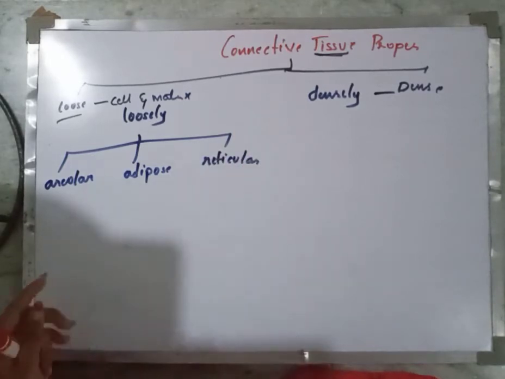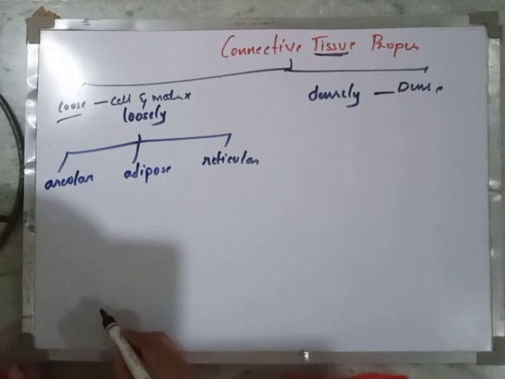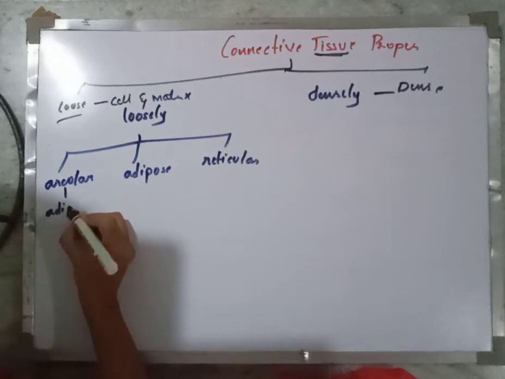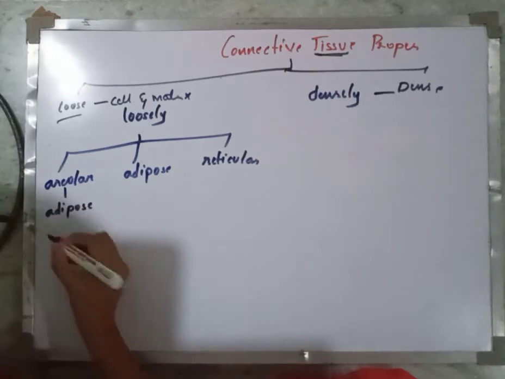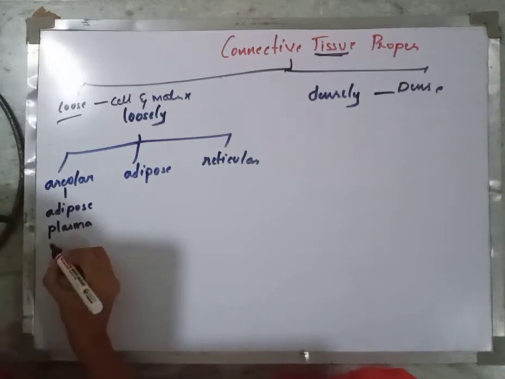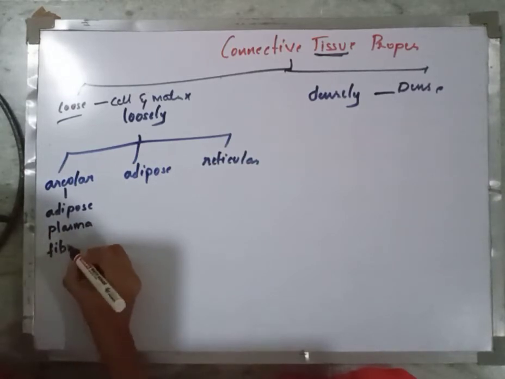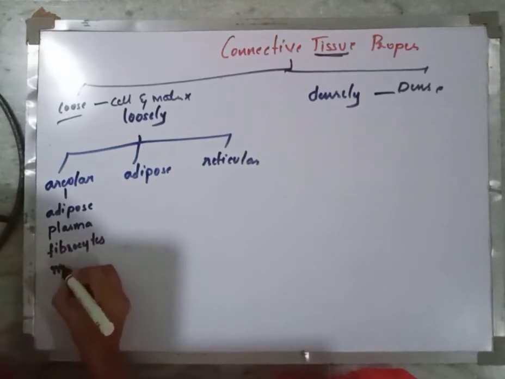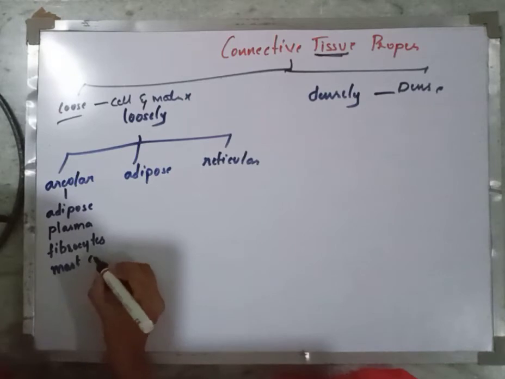So areolar connective tissue contains different types of cells. Those cells are adipose cells, plasma cells, fibrocytes or fibroblasts, mast cells and macrophages.